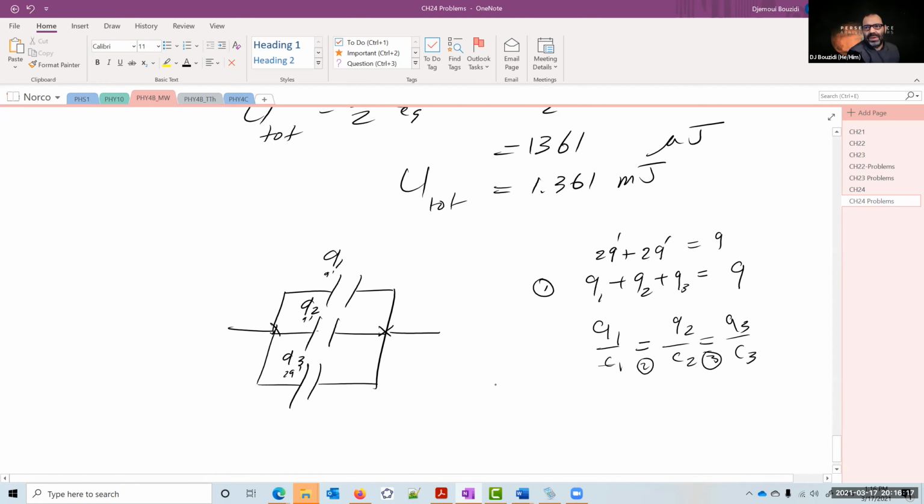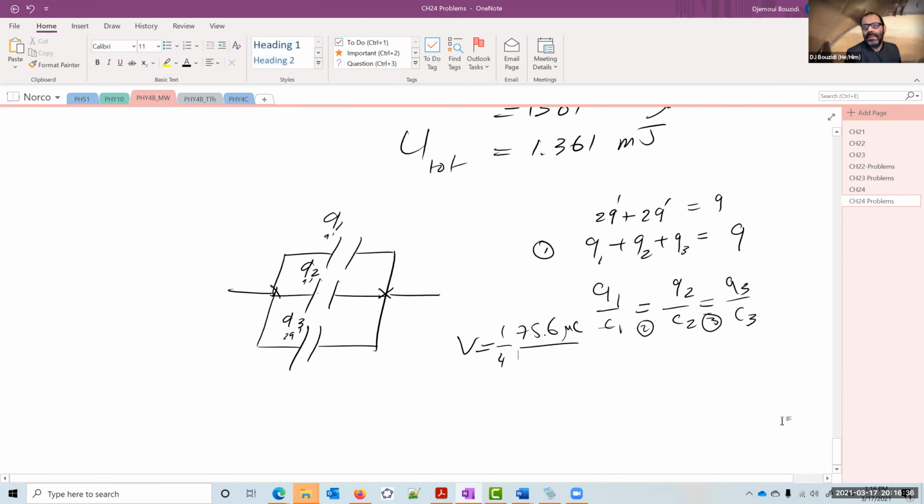First of all, find any of these Qs, which I called Q prime, by the way, which is just a fourth of that Q. So it's going to be 1/4 of 75.6 microcoulomb divided by the capacitance of C1, for example, and C1 was 8.4 microfarads, I'm sorry.